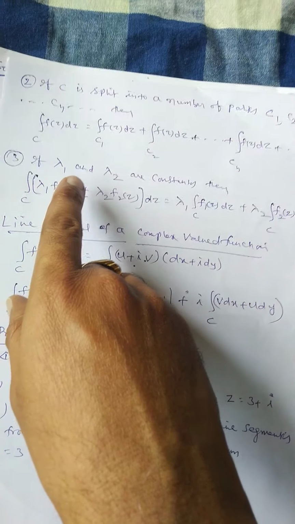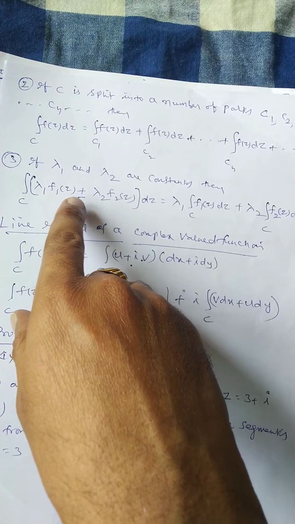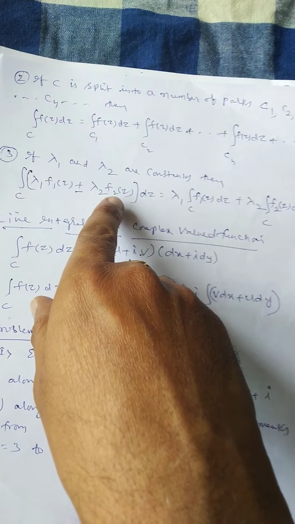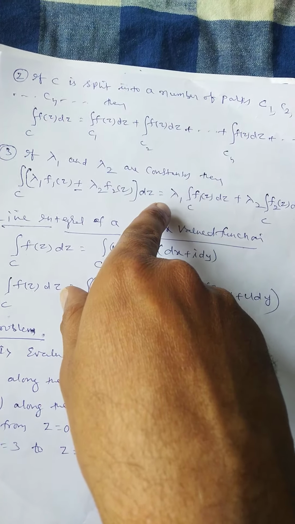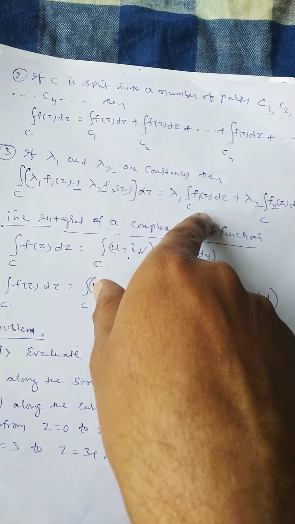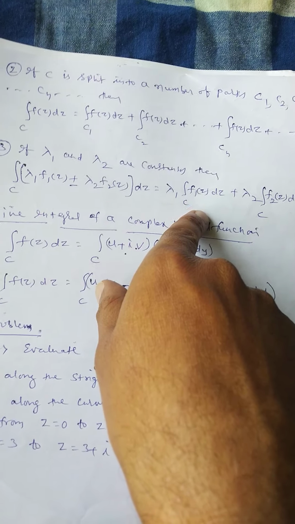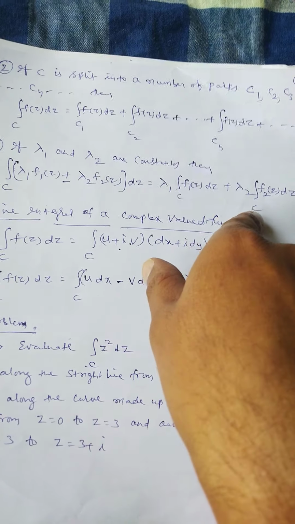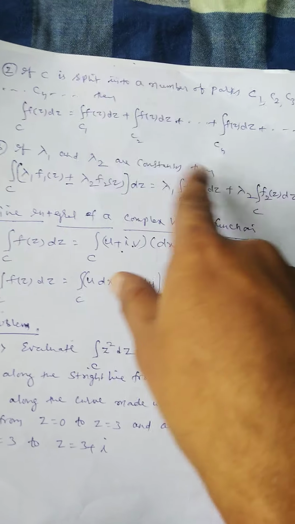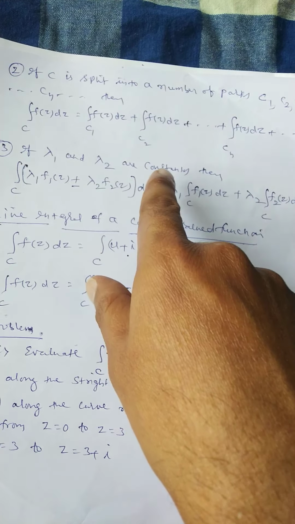Third property: if lambda 1 and lambda 2 are constants, then integral over c of lambda 1 f1 of z plus or minus lambda 2 f2 of z dz equals lambda 1, a constant, taken outside the integration: lambda 1 times integration over c f1 of z dz plus lambda 2 times integration over c f2 of z dz. So these are the three properties we use in complex line integrals.